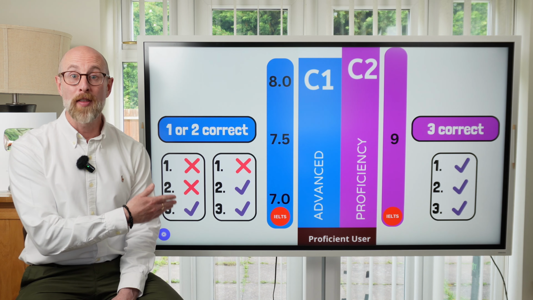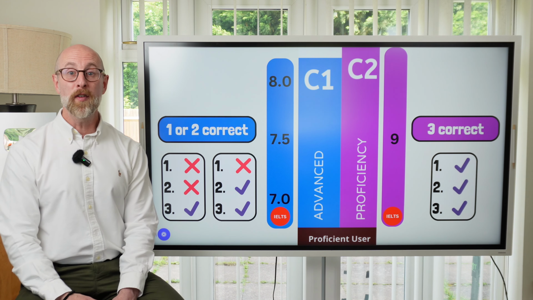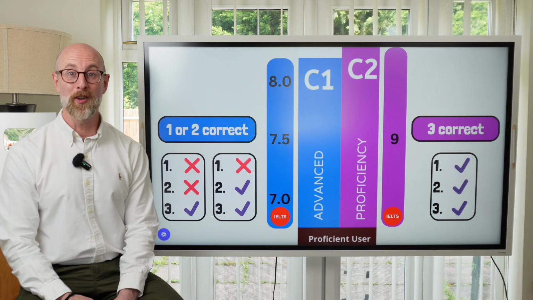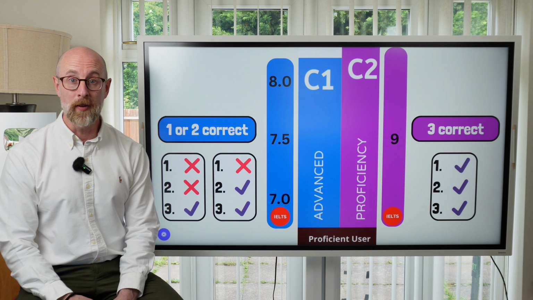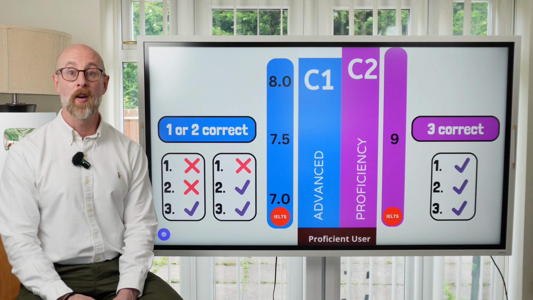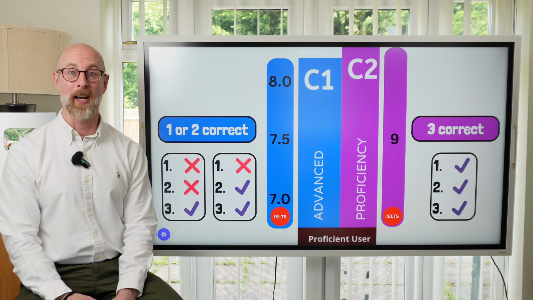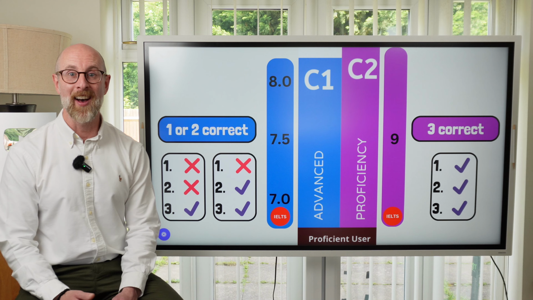Again, here are the IELTS bands so that you can compare. If you fell in the C1 level, your grammatical accuracy at IELTS is likely to be 7, 7.5 or 8. And if you got all 3 questions correct, then your grammatical accuracy could well be at band 9 at IELTS.